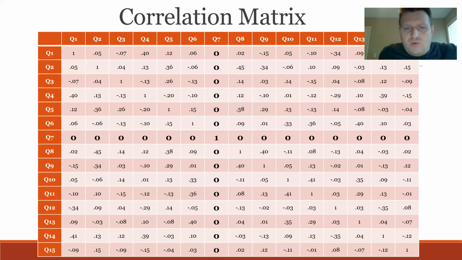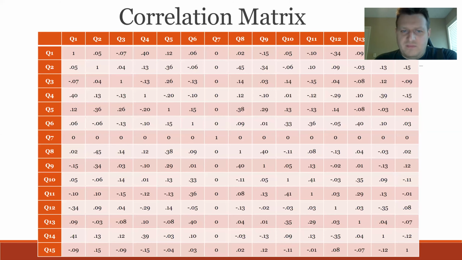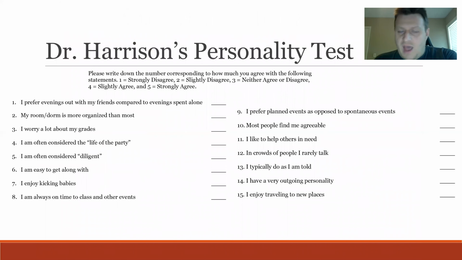First of all, look what's happening with question 7. Question 7 is uncorrelated with everything else except for itself. Why is this the case? Well, it turns out that question 7 was "I enjoy kicking babies."